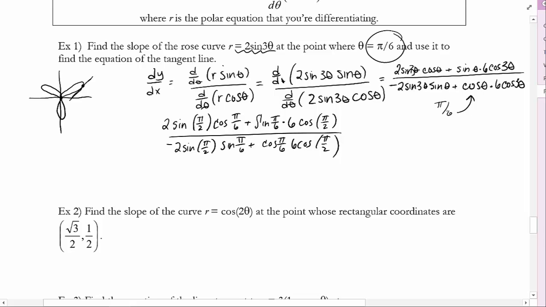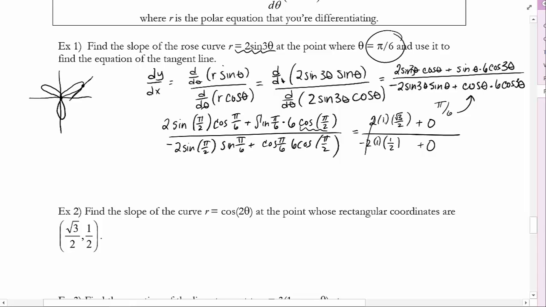Now, you have to evaluate this by hand. 2 sin(π/2) is just 2 times 1 times root 3 over 2. And as I was writing it, I said, wait a minute, cos(π/2) is 0. And then on the bottom, I still have a 0 because I have a cos(π/2) in the second component, but this one, I have negative 2 times 1 times a half.